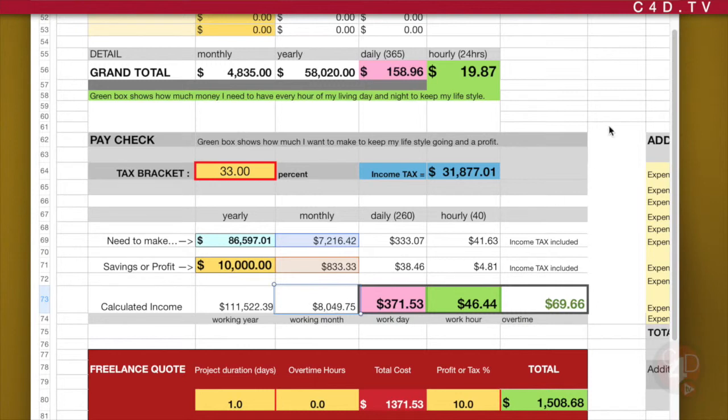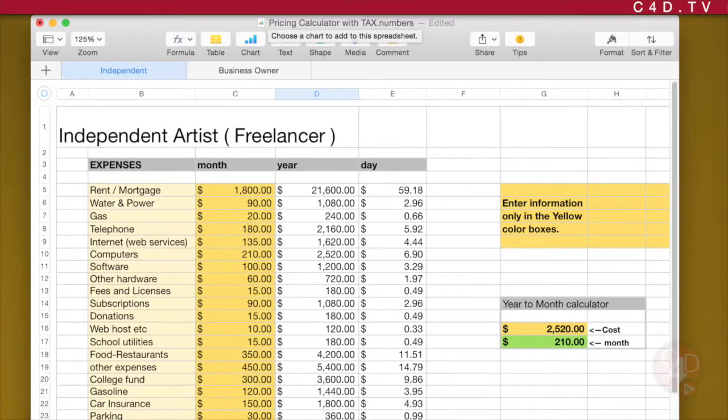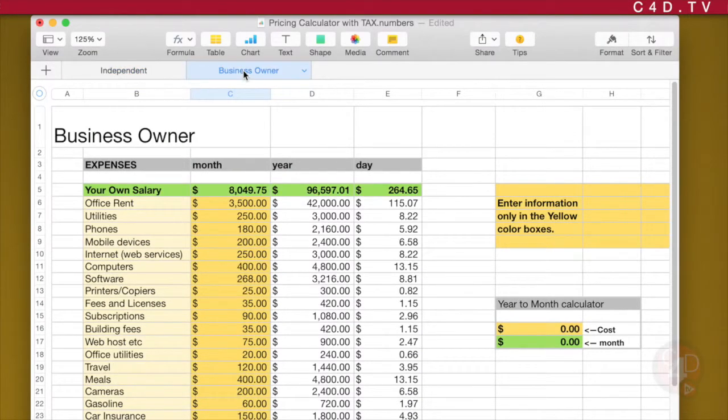This still applies for the business owner, because you still are the first employee. Even if you are the only owner of your company, you are the only employee, and you still want to make the same money. So this is your own salary, which is $8,049.75 every month. So it gets added already automatically here in the expenses.